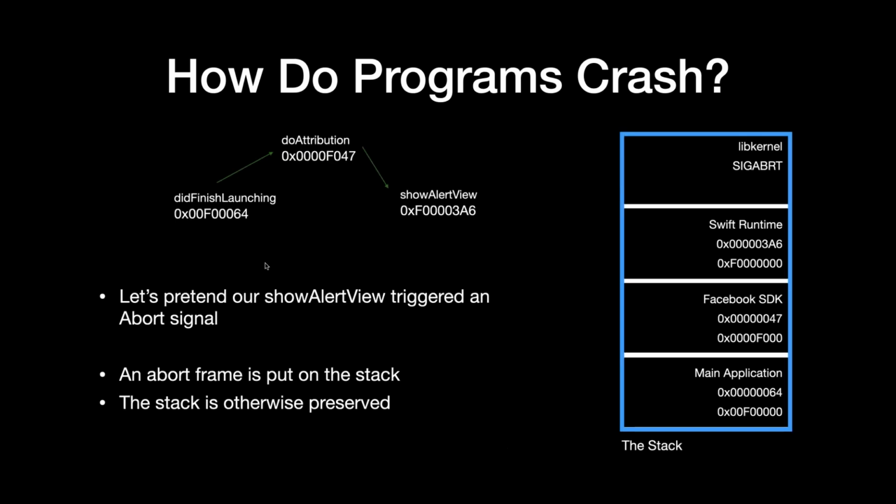Let's go through that example. Let's pretend that when we tried to show this alert view, we didn't have a window yet, and the Swift runtime used the NSAssert macro to call the abort function in the kernel. When that happened, libkernel added a SIGABRT frame to the stack. That's what a signal is. It's adding a frame to the stack of a thread in your program.